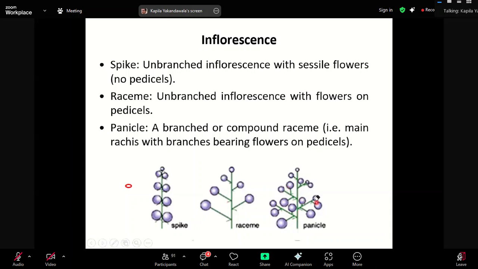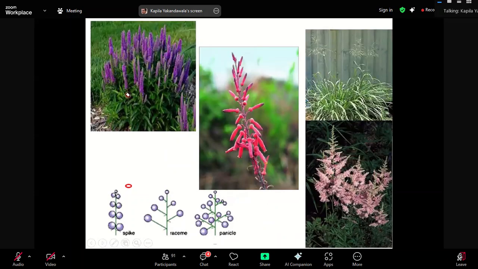Here, axis is branched. So you call it panicle. So these are the examples you can see here. Examples for spike. This is for raceme. You can see the stalk. This is panicle. Guinea grass is a panicle. You can see it is divided. Axis is divided. Okay. Those are the first three groups.